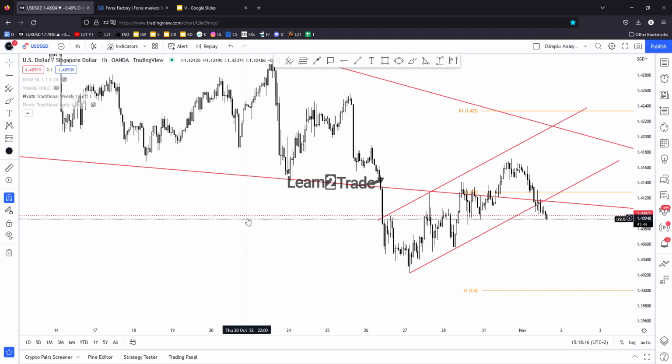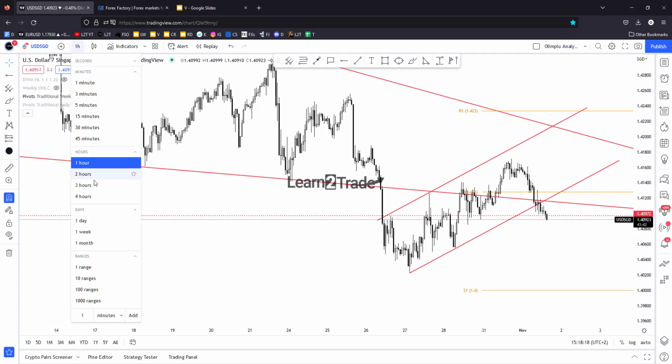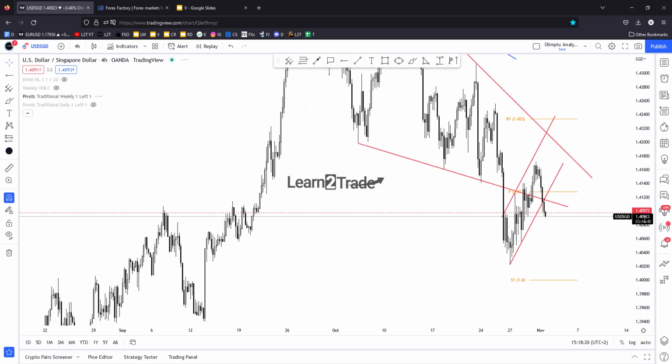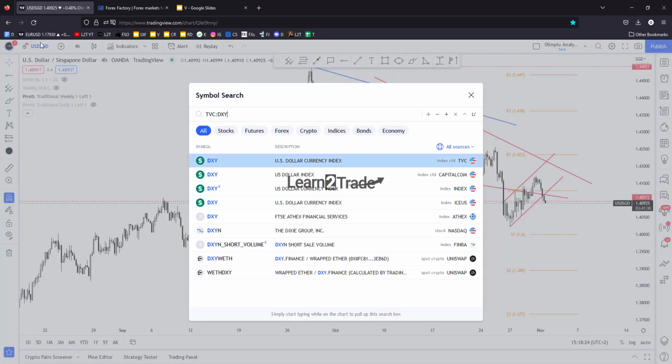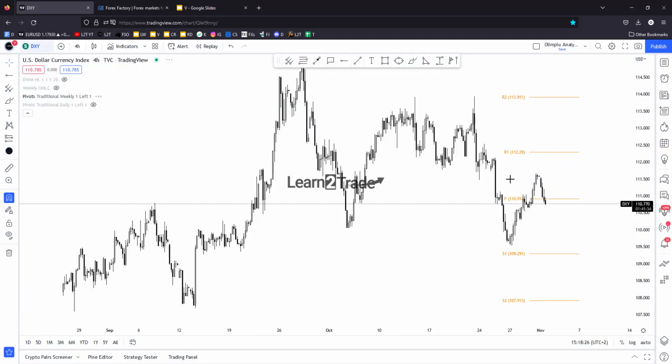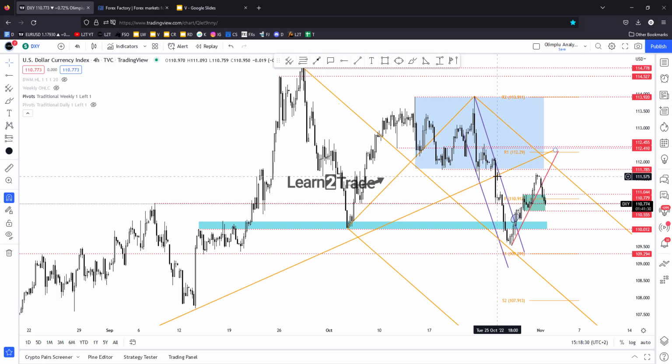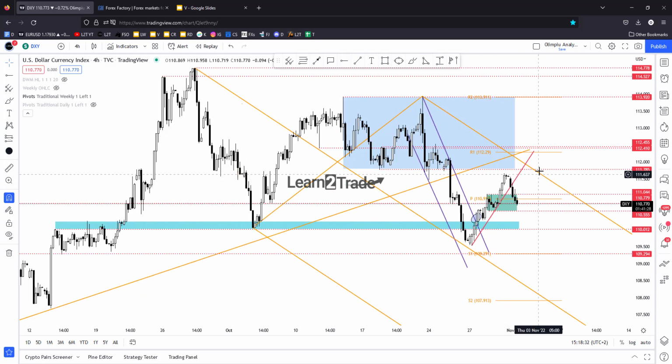US dollar versus the Singapore dollar. Let's take a look here. And unfortunately, guys, actually, let's start with the dollar index. Unfortunately, the dollar index failed here to approach and reach 111.78. It has dropped below this uptrend line, signaling a potential downside movement.